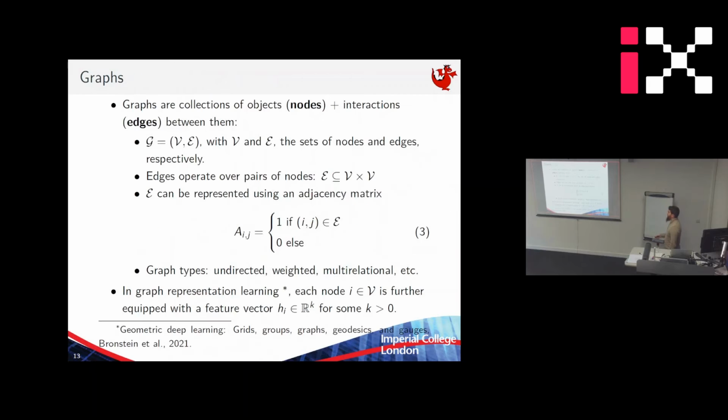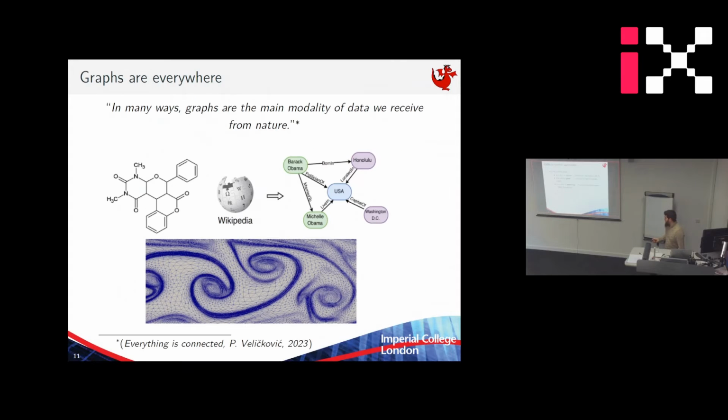And they can also be weighted. I think that's fairly common when it comes to things like molecules, those types of problems. And they can be multi-relational. A good example, if I stick to this knowledge graph example, is what is called entity typing. So entity typing is when you have those graphs.